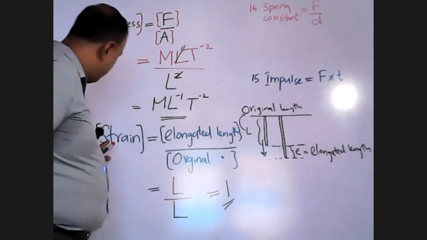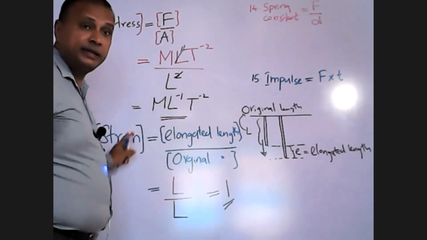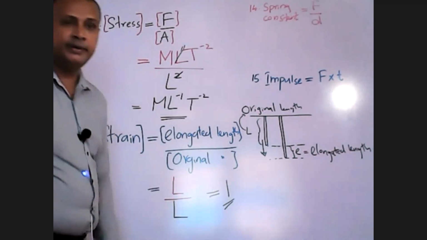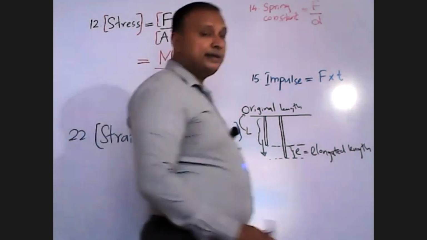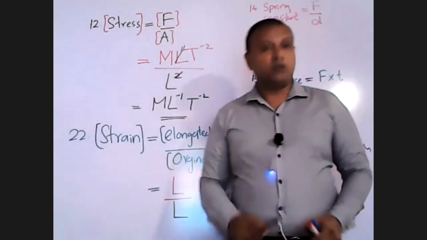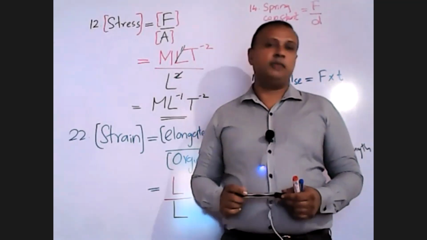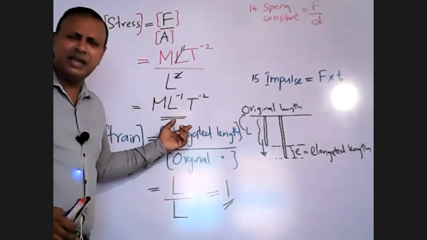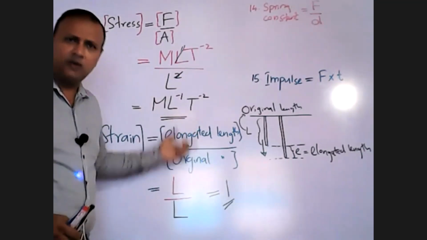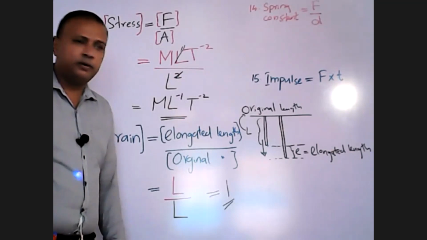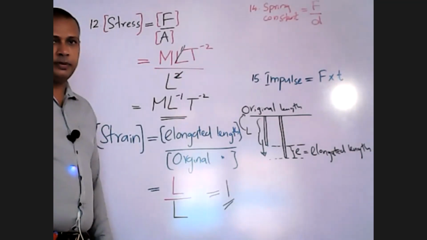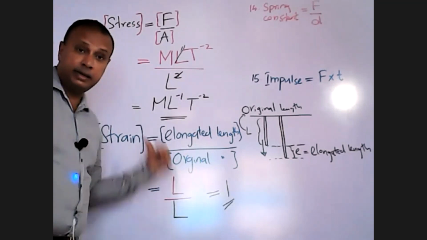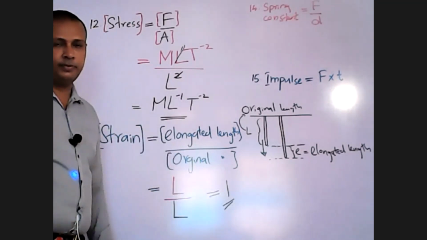If the dimension of a particular physical quantity is equal to 1, that means that physical quantity does not have a dimension, because it is a ratio between length over length. Length to length will be cancelled out.